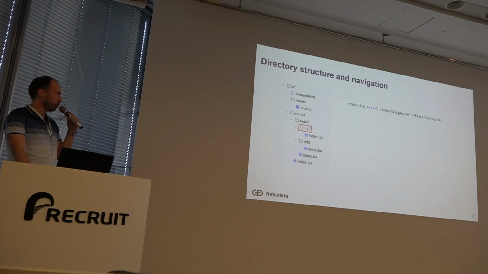And then in order to properly navigate, you can either use the link component and into the href create the dynamic path, or you can use the useNavigate hook, and then let's say on a click of a button, you just navigate to wherever you need to.